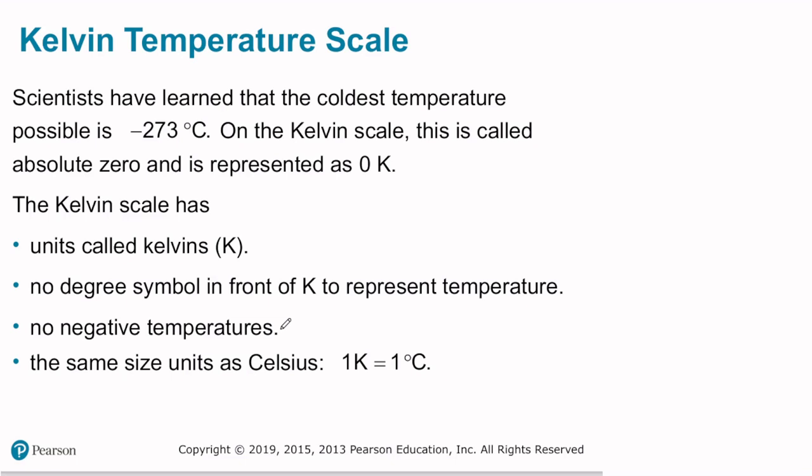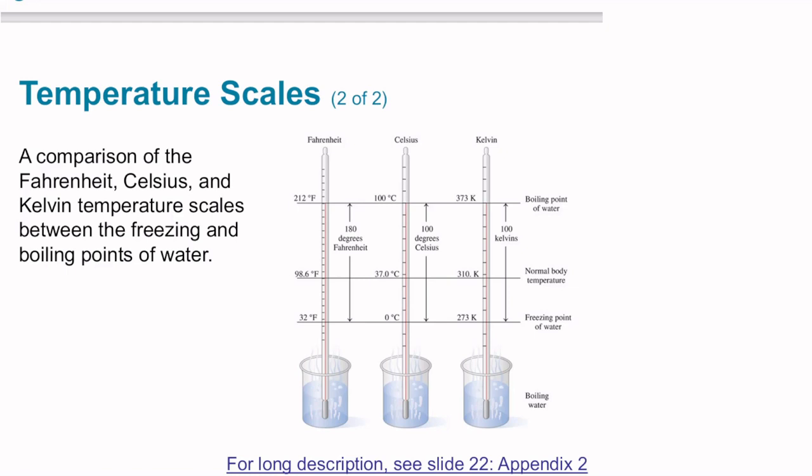It has the same size units as Celsius, so one change in Kelvin is the same as a 1 degree unit change in Celsius. Here's a comparison of the temperature scales, Fahrenheit, Celsius, and Kelvin, between the freezing and boiling points of water. We see the freezing point of water at the bottom here as 0 Celsius and 32 degrees Fahrenheit.